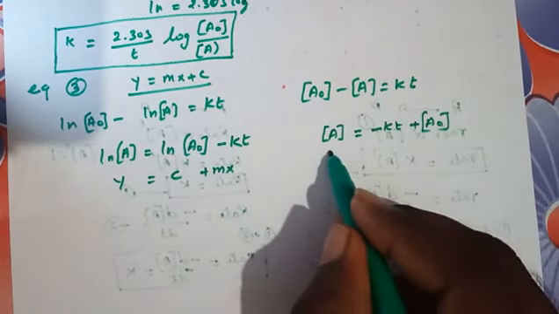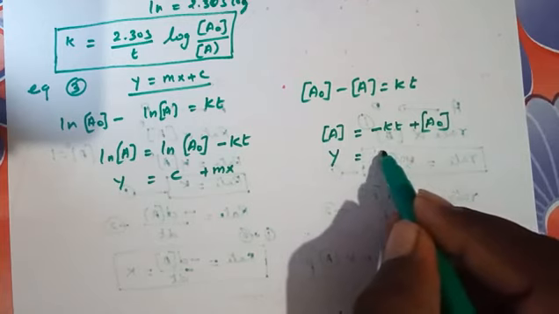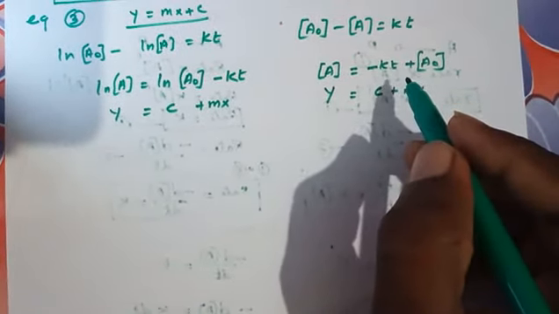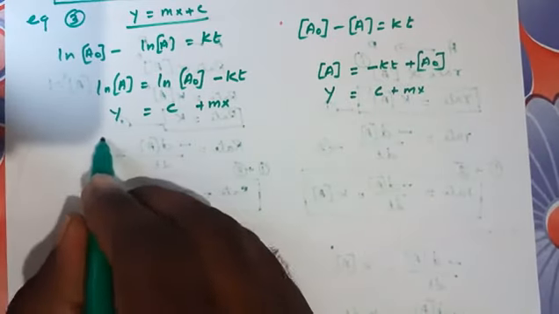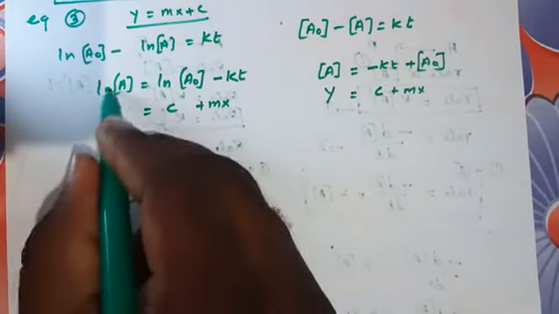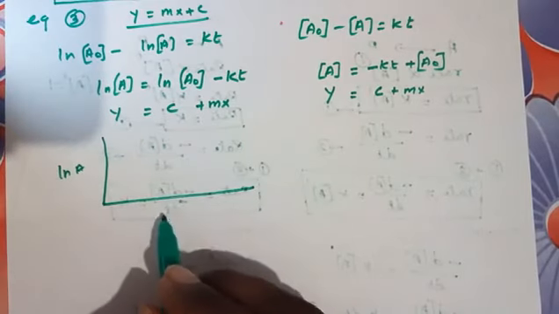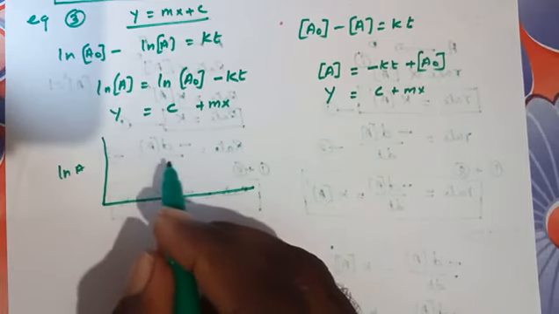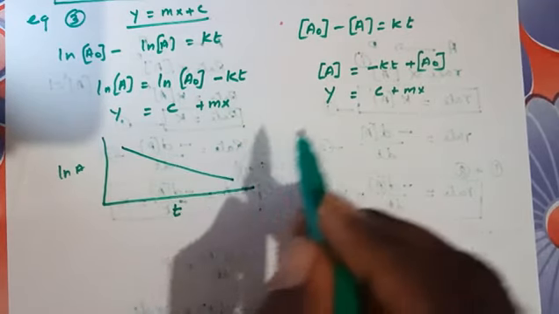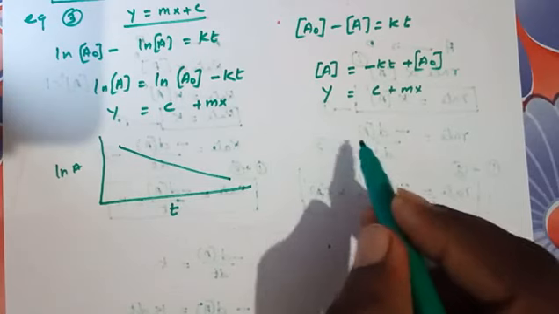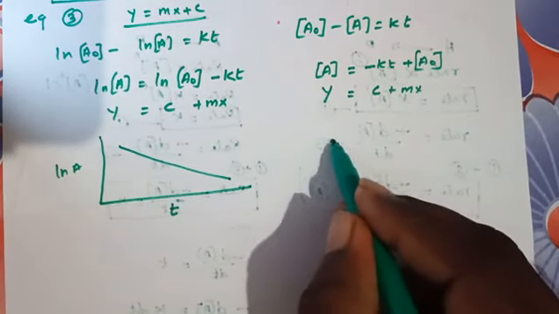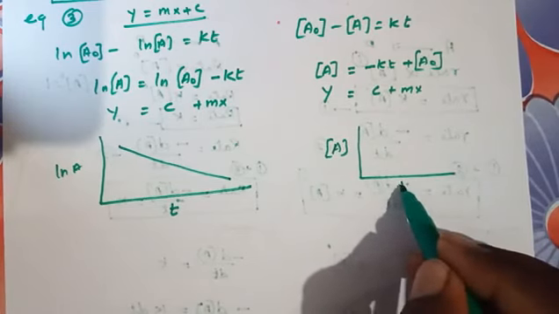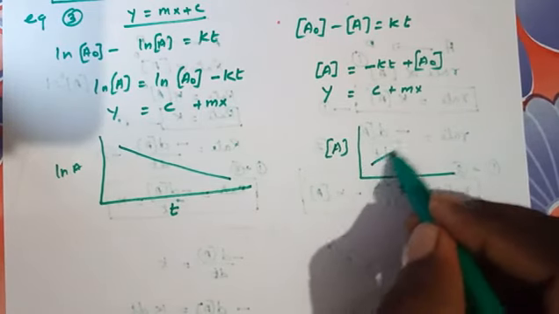This also matches the straight line equation y is equal to c plus mx. Suppose we plot a graph of ln A versus time t, which gives a negative slope. In the same way, for a zeroth order reaction, plotting concentration A versus time t gives a positive slope.